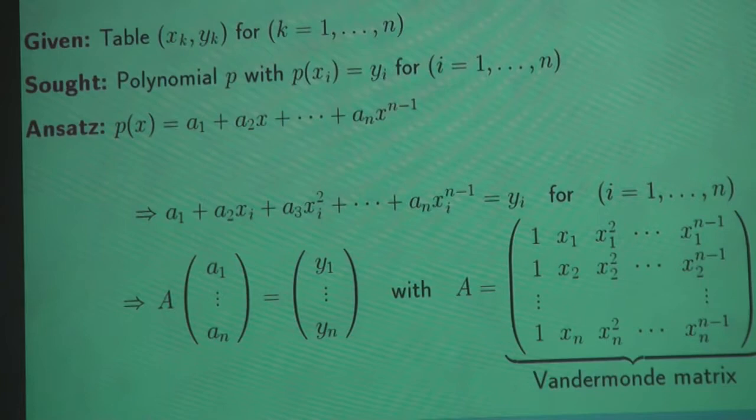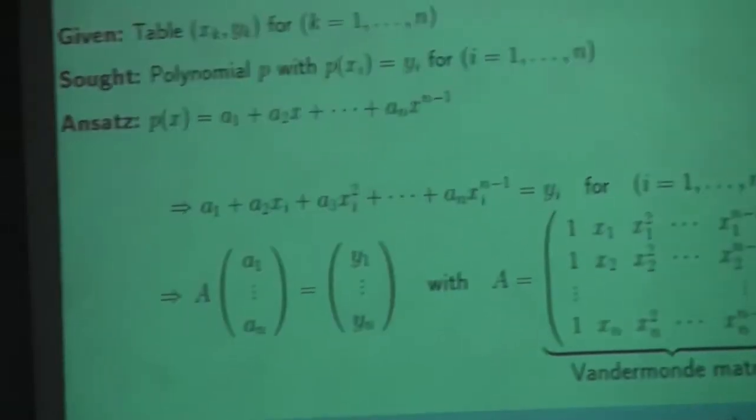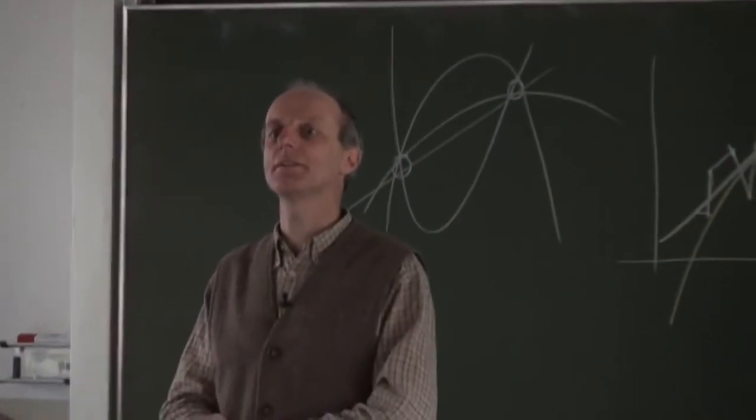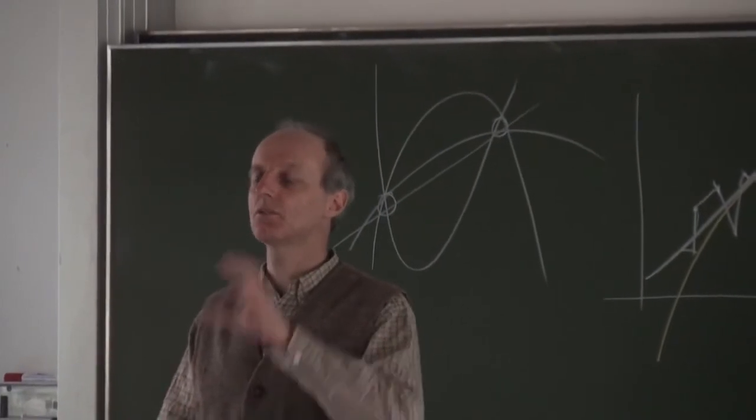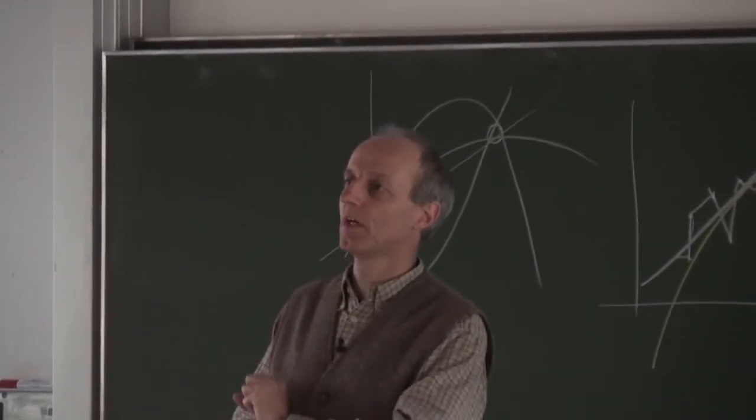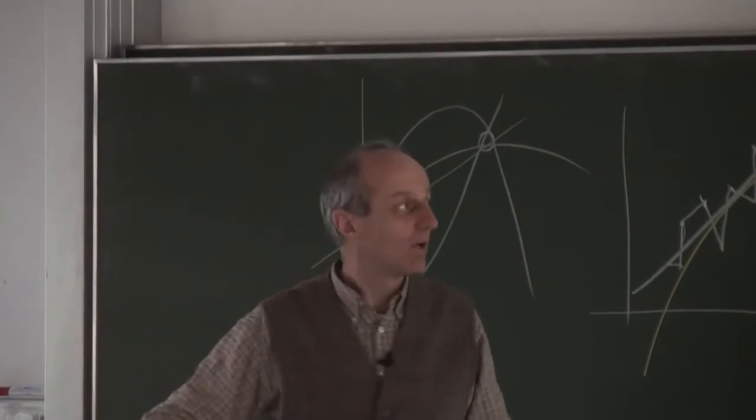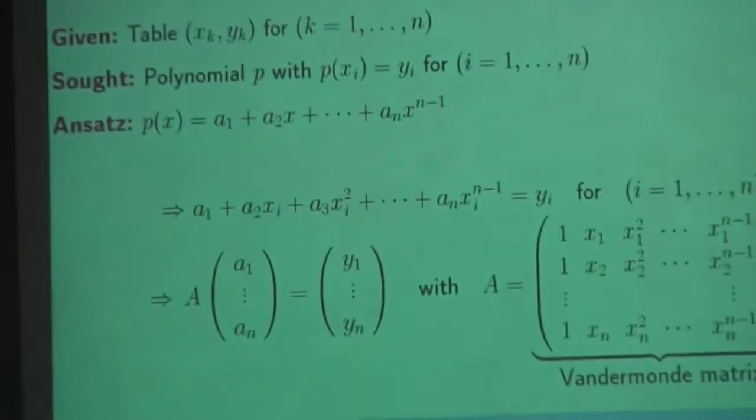And this is the so-called Vandermonde matrix. And be careful, this matrix does not contain variables x1 through xn. No, it contains numbers. This is just a numeric matrix full of numbers. Why? Look, these xi here are not variables.